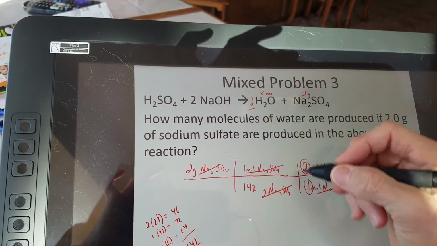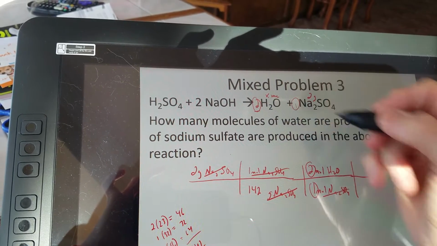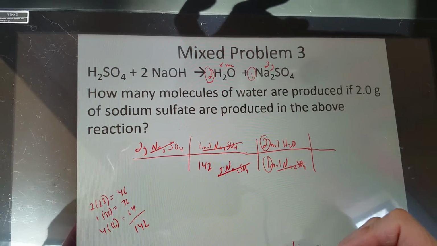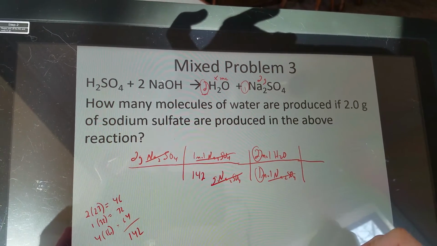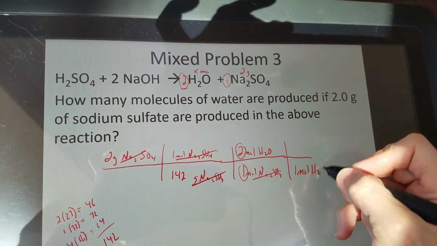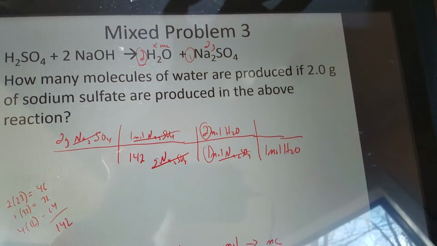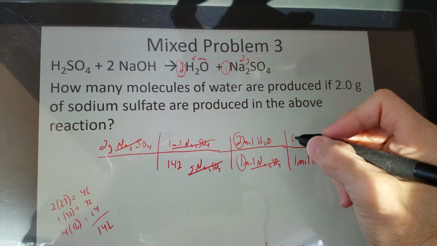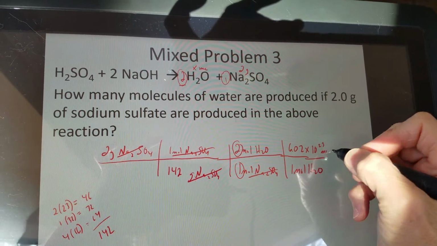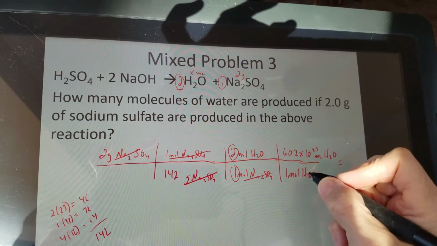Okay. Then finally, we want to go from moles of what we're looking for, in this case, to molecules. So I'll put my mole on the bottom. And remember, the relationship between moles and molecules is Avogadro's number, which is 6.02 times 10 to the 23. Moles will cancel. And now the rest is just putting everything in your calculator.